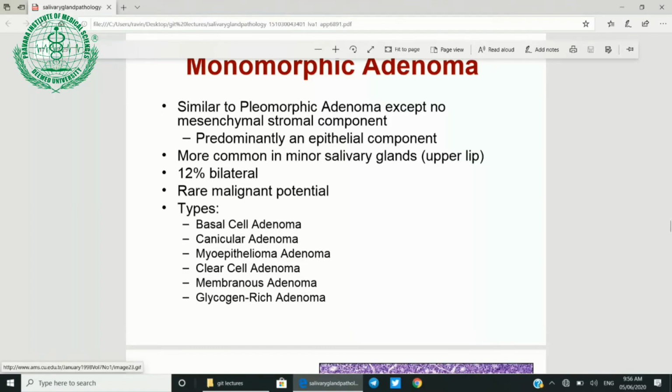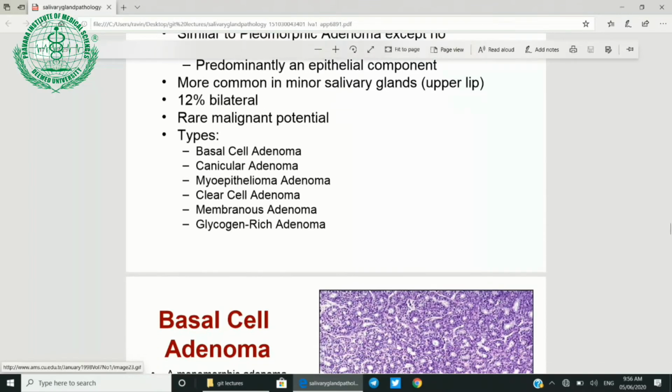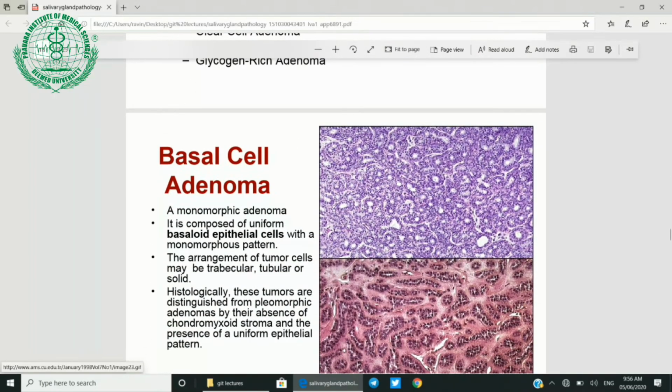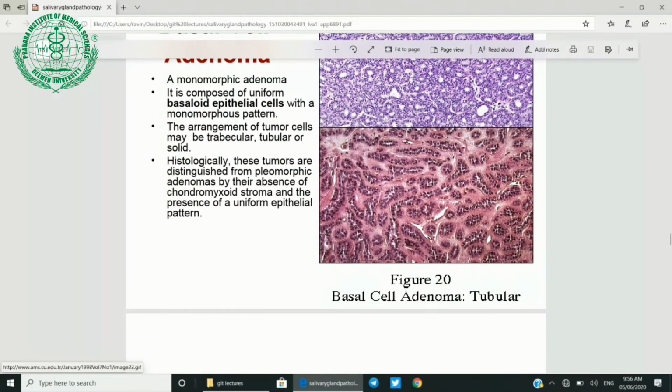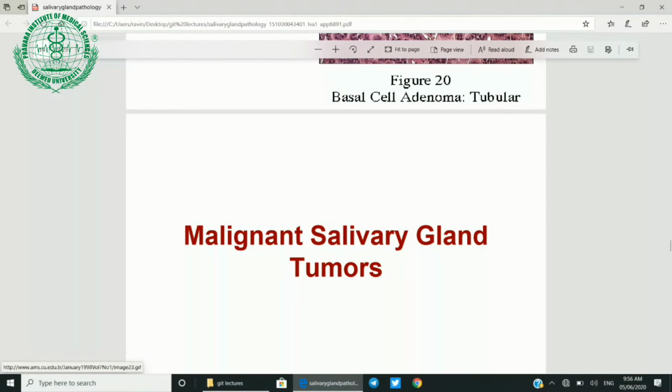These monomorphic adenomas are common in the minor salivary glands, especially the upper lips. 12% of these tumors are bilateral, and rarely they can have malignant potential. There are different histological types, but you can know them: basal cell, canalicular, myoepithelial, clear cell adenoma, membranous adenoma, and all these adenomas have their typical histology. Just remember, there is a pleomorphic adenoma, there is a monomorphic adenoma.